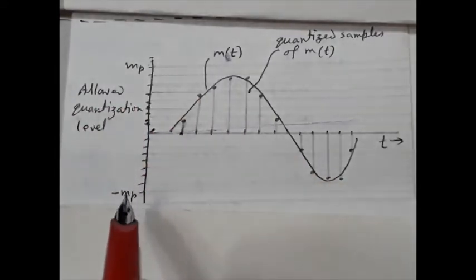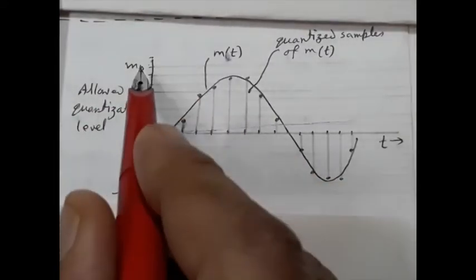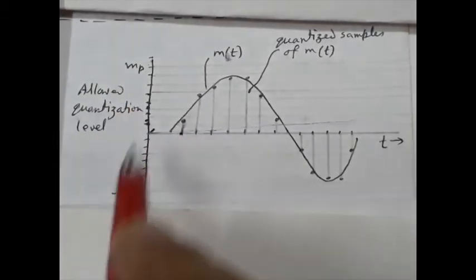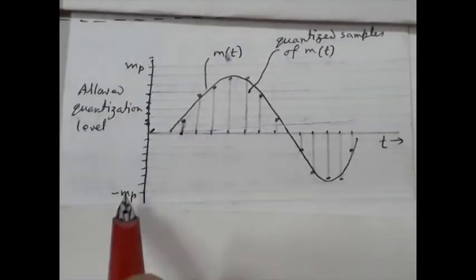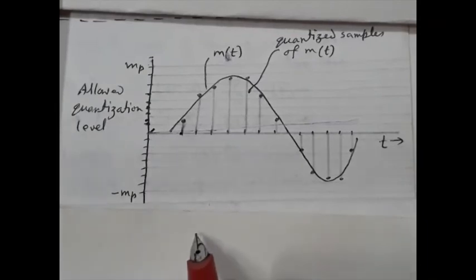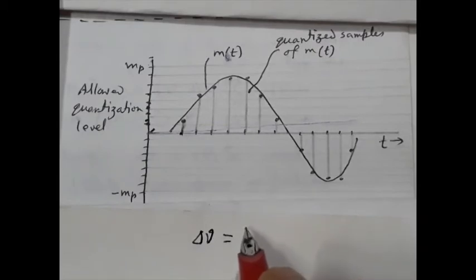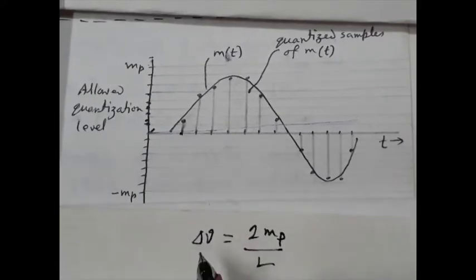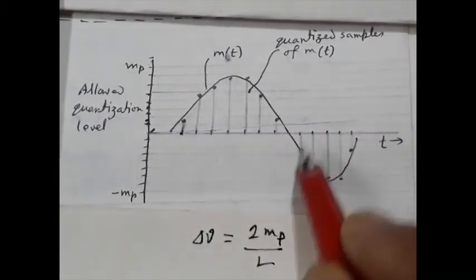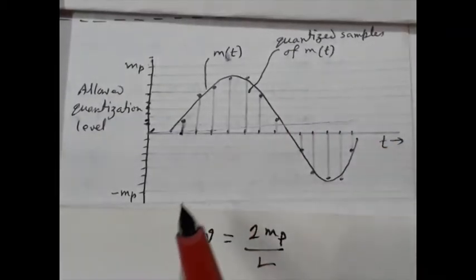Say input signal span is minus MP to plus MP. Now quantizer will divide this whole range of minus MP to plus MP into say L number of sublevels. So each sublevel has width twice MP by L. So this is the width of each sublevel.